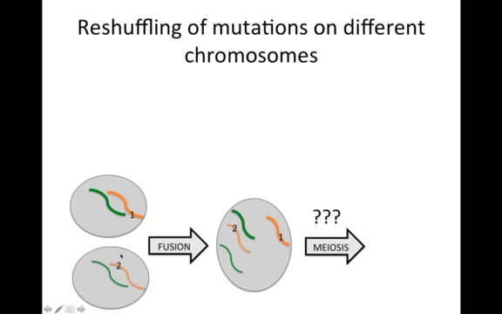But what happens if the two mutations are on the same chromosome? So now if we have fusion, if we only shuffle the chromosomes as we've discussed, we're still only going to end up with either this orange chromosome or this orange chromosome. And so we'll either have mutation 1 or 2, but not neither and not both.